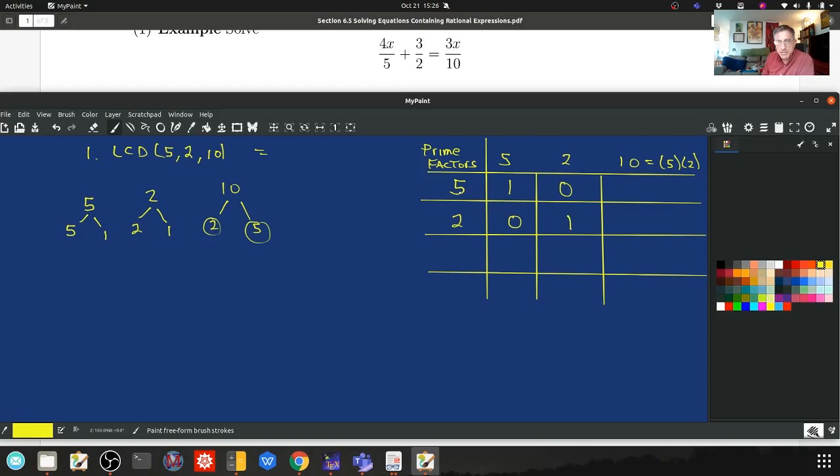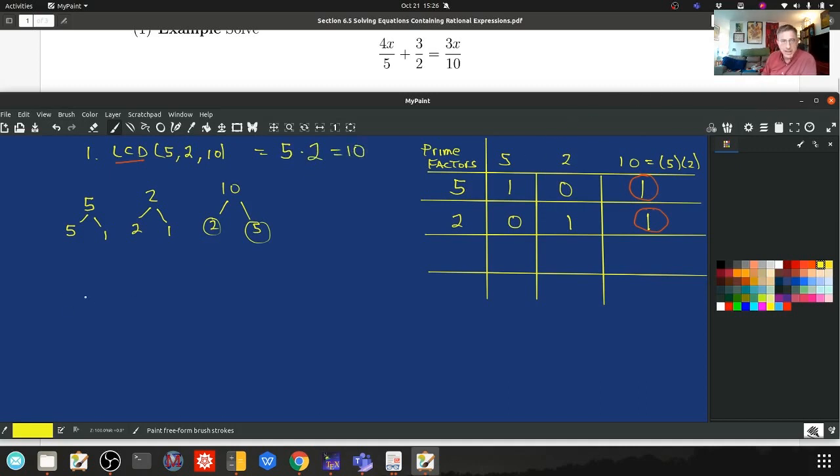How many times does 5 appear in the prime factorization of 10? 1. And how many times does 2 appear? 1. So remember, for the LCD, what we do is we circle the largest value in each row, and the LCD is equal to our prime factor raised to the highest value. So it's equal to 10.